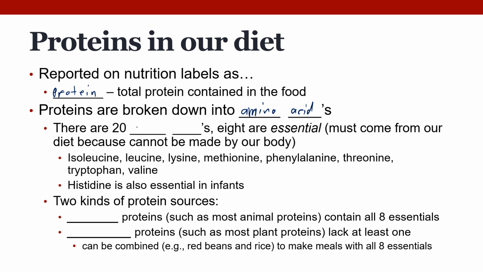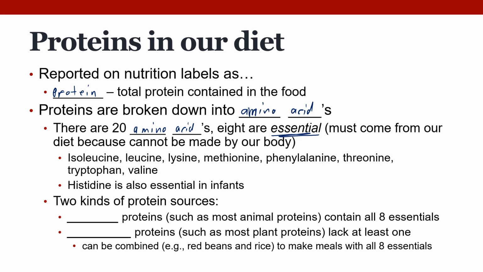There are 20 different amino acids, 8 of which are what we call essential. That is, they must come from our diet. If we ever talk about an essential nutrient, that's one that our body cannot make up for if we don't get it in our diet. So there are essential fatty acids, there are essential amino acids.